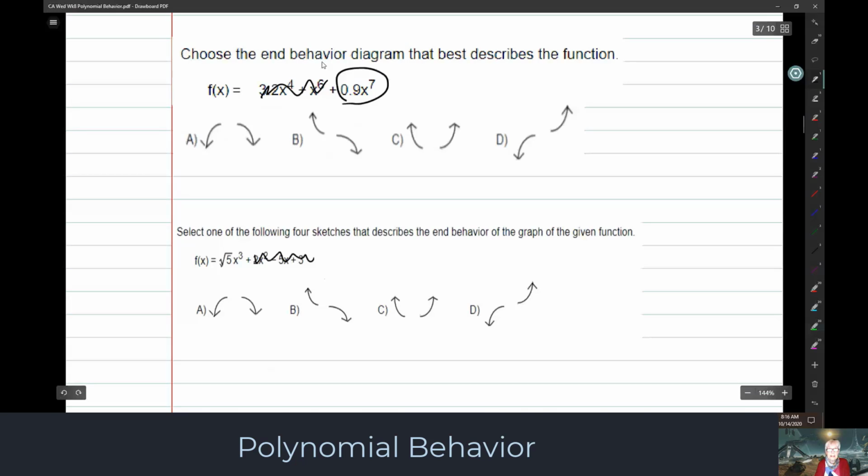Now they tried to trick us here, but let's look at that leading term. This leading term is positive. The LT is positive, and it's of odd degree.